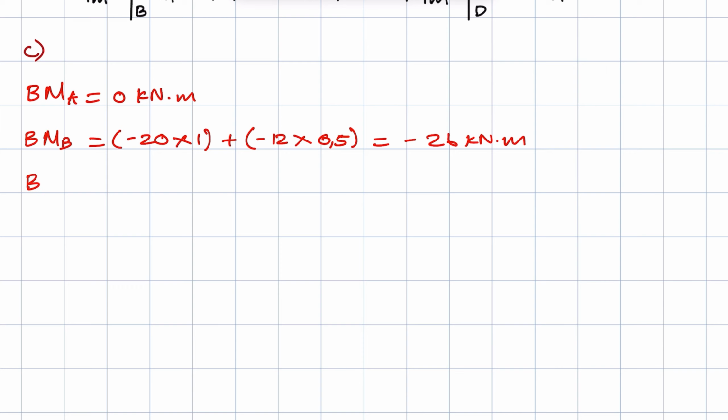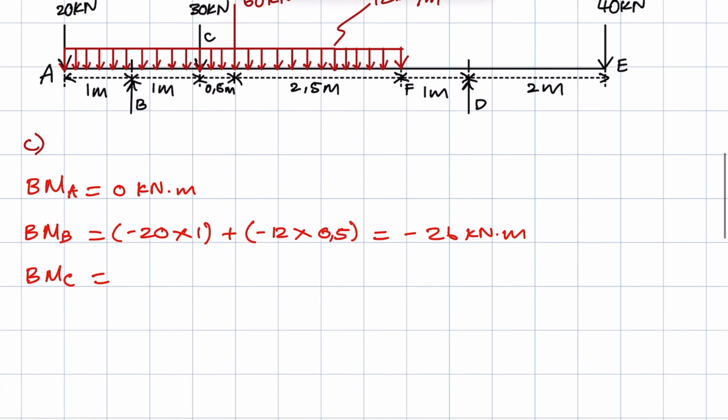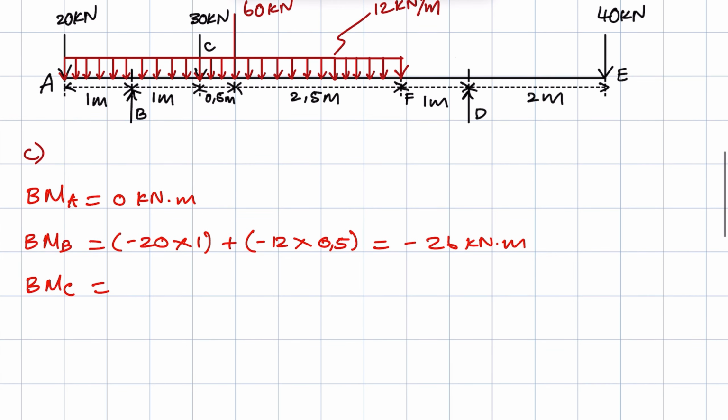Now we look at the bending moment at point C. Now we are still going to consider forces on the left of C, because there's much less forces to consider on the left of C than there are on the right of C, right? So the first force we have is the negative 20, right?